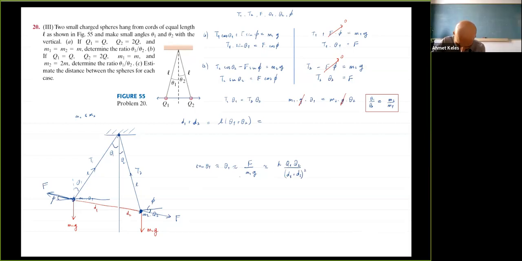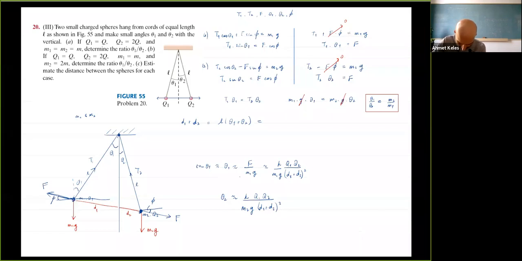I can write the same thing for the other one. Theta 2 is approximately K Q1 Q2 divided by M2G D1 plus D2 squared.